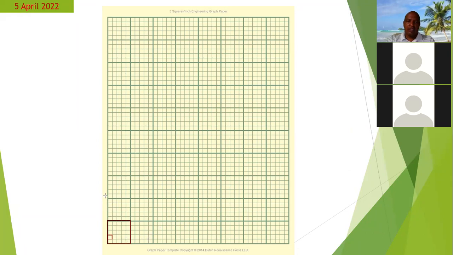Now, sometimes, based on how some of the graph paper is printed, they may print a highlight of this. So you may have a box highlighted, depending on how your graph paper looks. So you might be able to see this bigger size box as well.